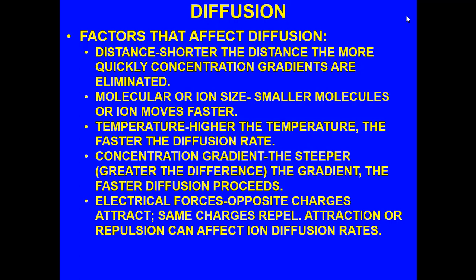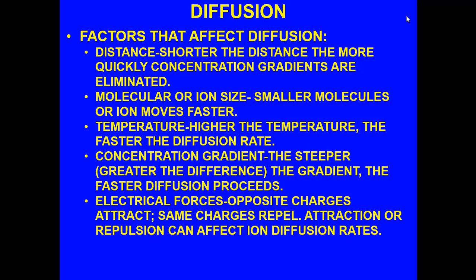Finally, electrical forces. This is where we find that opposite charges attract and same charges repel. The attraction or repulsion can affect ion diffusion rates. If you're moving from one side of the membrane to the other, and all of the ions present are positively charged, you're really not going to get a lot of transport because it's going to be hampered by same charge repulsion.